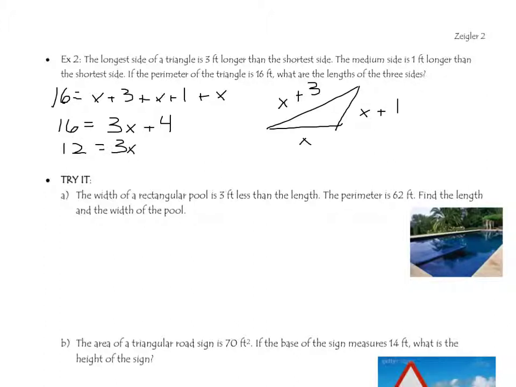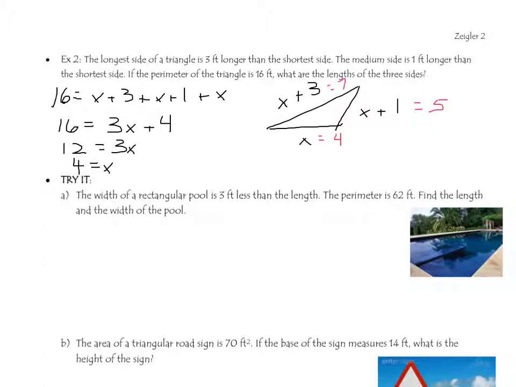And when we divide by 3, then we get 4 on the left equals x. So we know that the shortest side is 4. Then the medium side is going to be 4 plus 1, or 5, and the largest side is going to be 4 plus 3, or 7.